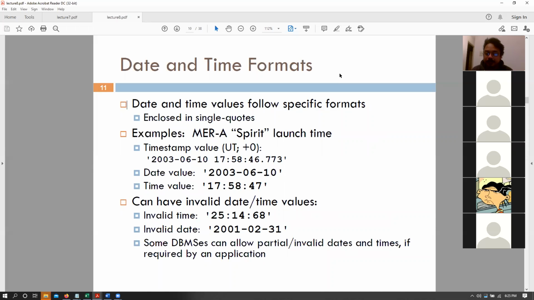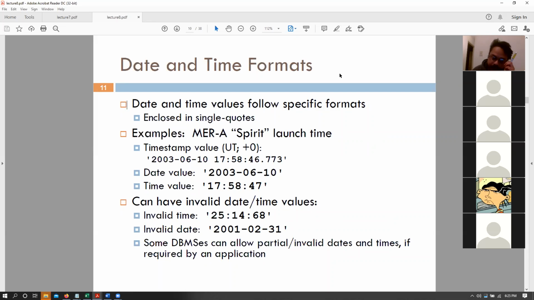In general, there is a standard for saving date and time values, and we will talk about that in a second. But in general, your database would allow multiple different types.